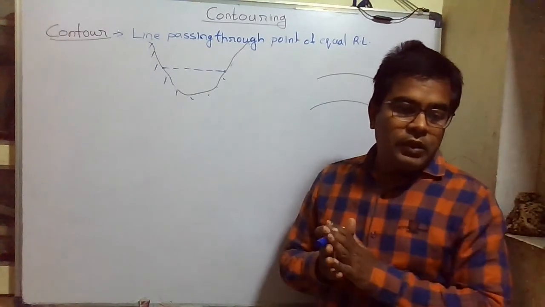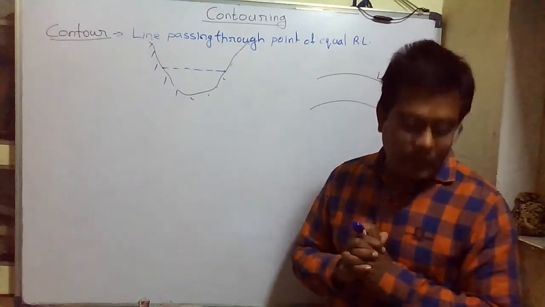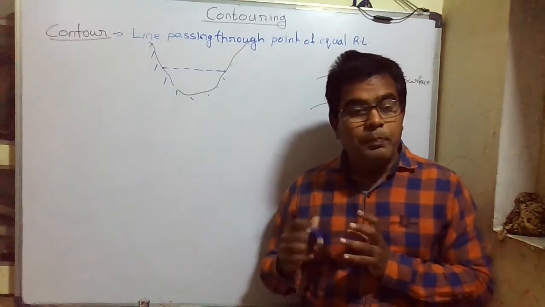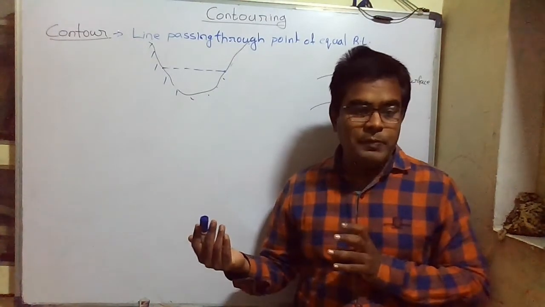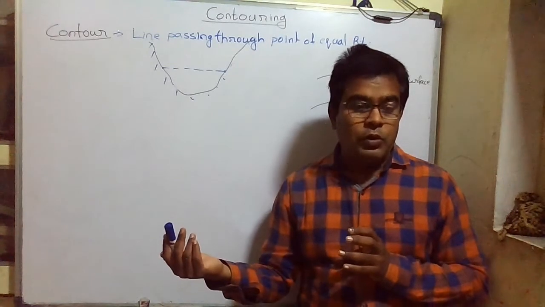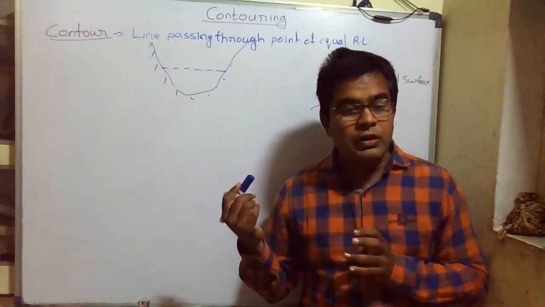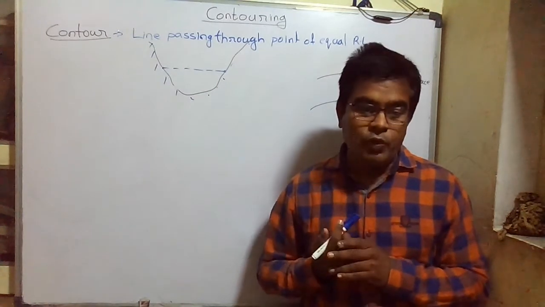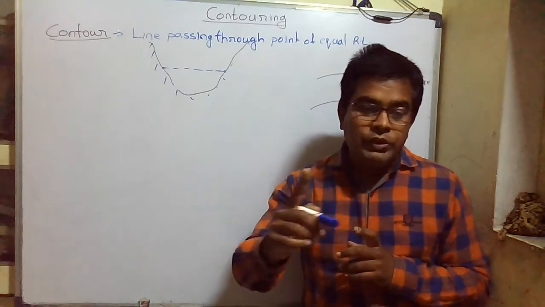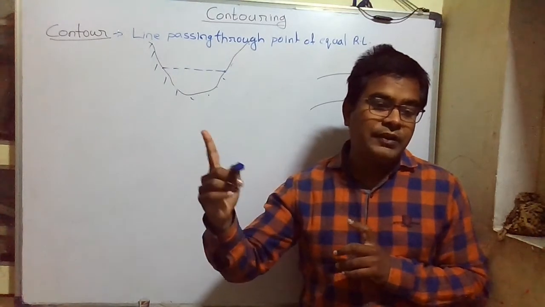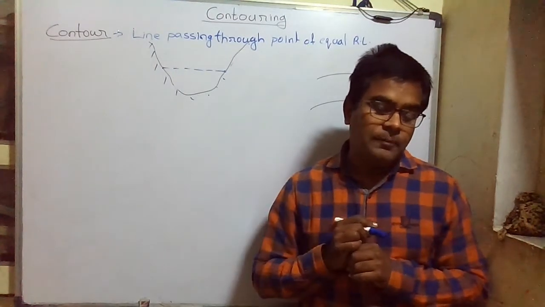If we survey some area, we find out the RL of different points, then we prepare the contour map. A contour is a line passing through the points of the same RL. Then we draw lines in that area which connect the points of equal RL.